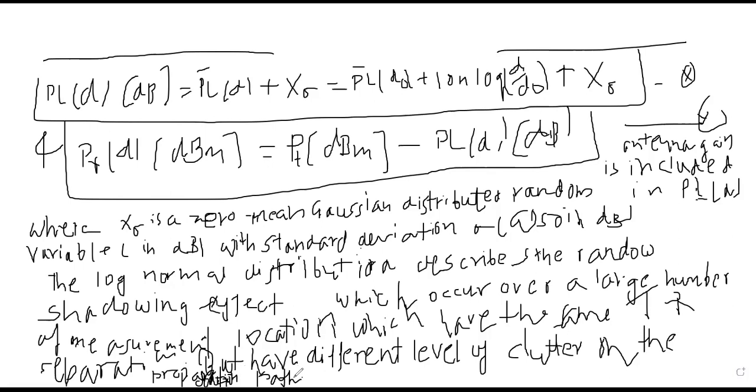So this phenomenon is referred to as log normal shadowing.